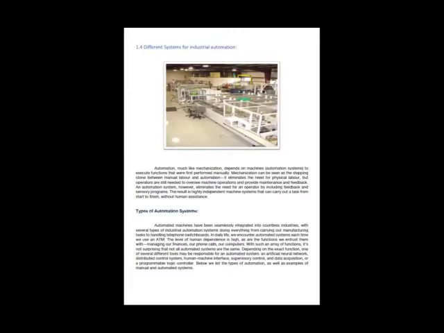Therefore, we are just going to see the possible types of systems for industrial automation. Mostly we are going to see artificial neural network, distributed control system, human machine interface, that is HMI, supervisory control and data acquisition, that is SCADA, and programmable logic controllers, that is PLC.